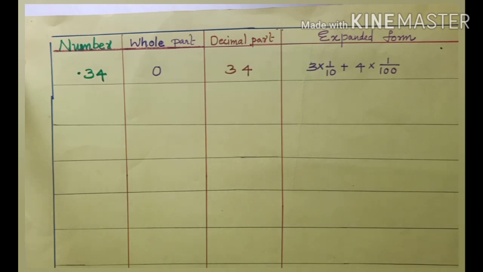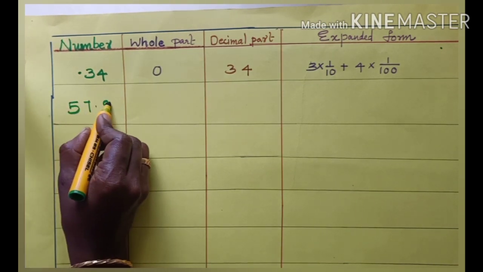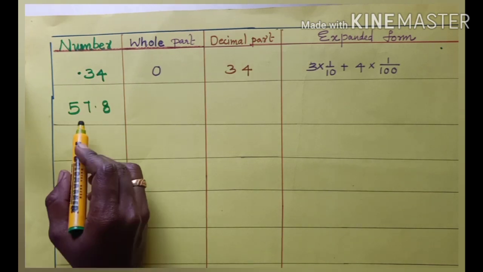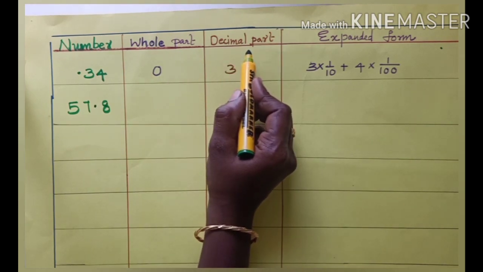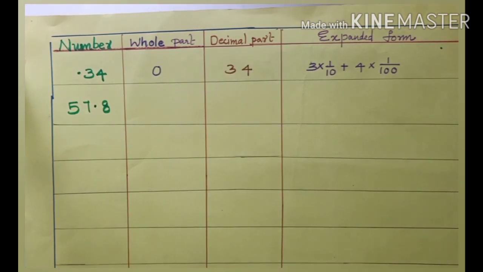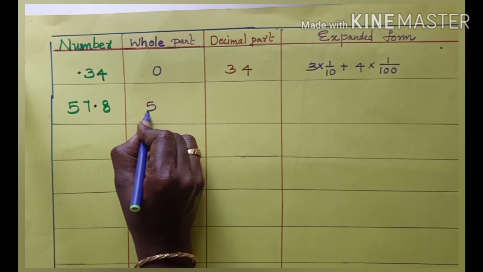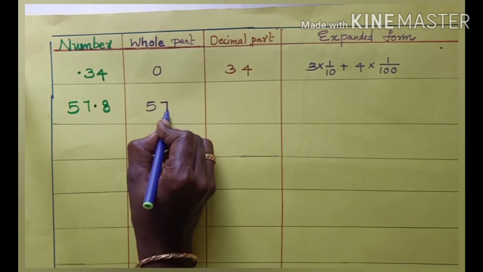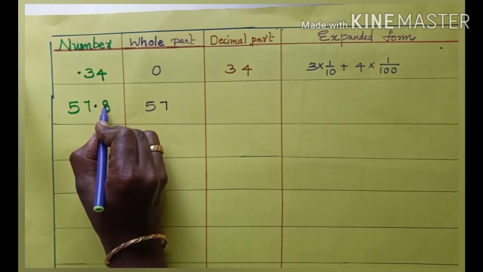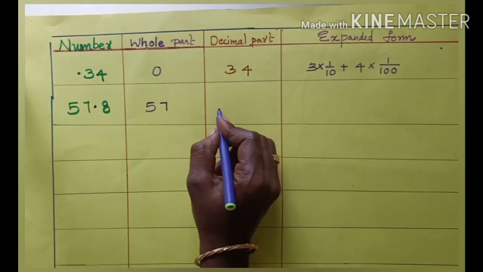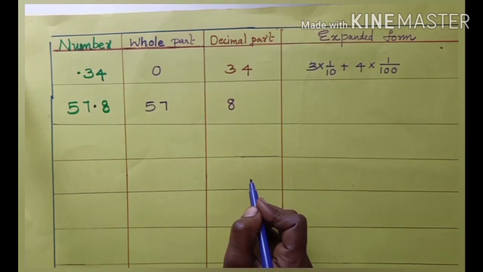Now let's see another example. 57.8. 57.8 contains both parts, whole number part and decimal part. Here the whole number part is before the decimal point, that is 57. Then after the decimal point is the decimal part, that is 8.